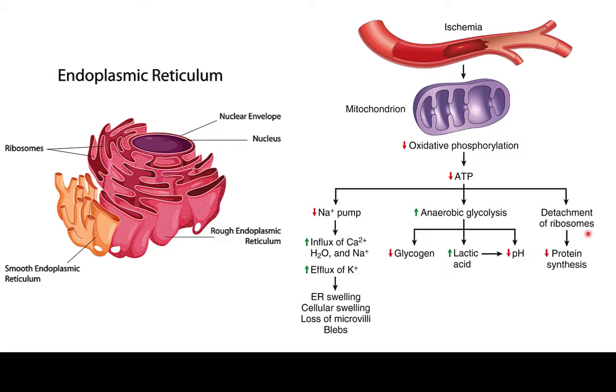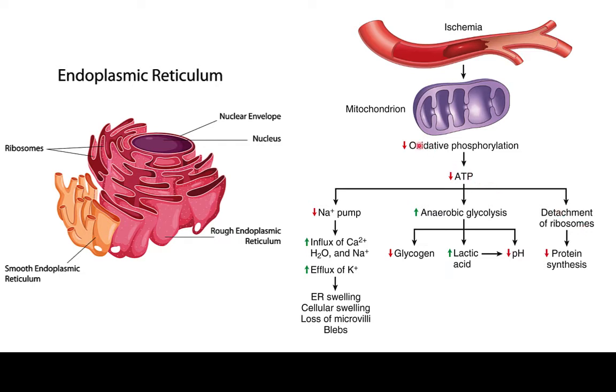When the ribosomes are no longer attached to the endoplasmic reticulum, that will result in a decrease in protein synthesis. Why is there a decrease in protein synthesis? Because the ribosomes will not work in the right way. Okay, so try to follow the sequence.